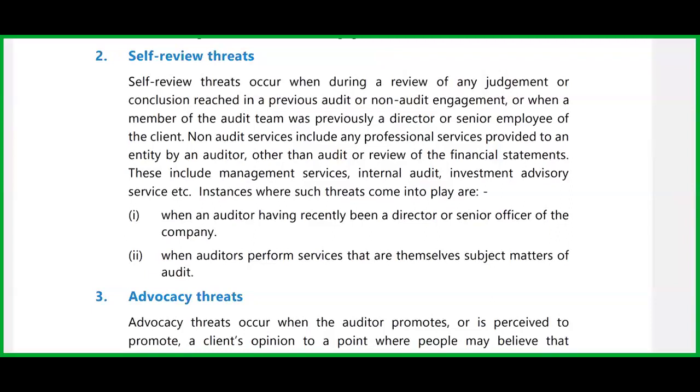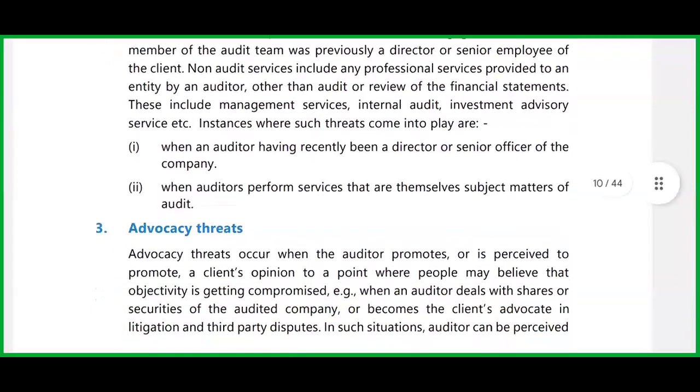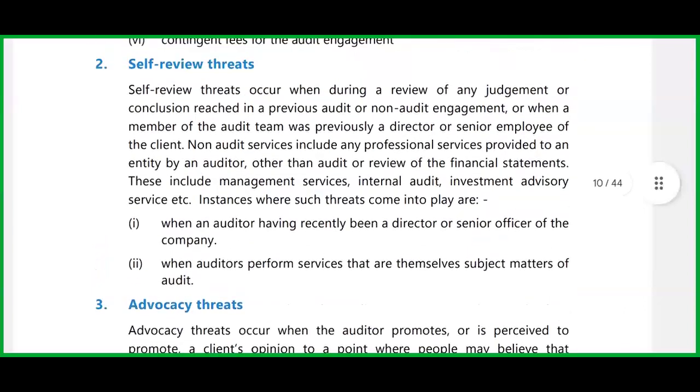And here, any professional services or non-audit services has been done by the chartered accountant earlier. So when auditor has been recently a director or senior officer, or when auditor performs services that are themselves subject matter of audit. If auditor is preparing the law or internal system of the company, will he pinpoint the mistakes done in the system? No, because he himself has made it and he is doing the self review. In this case, self review threats come into picture.